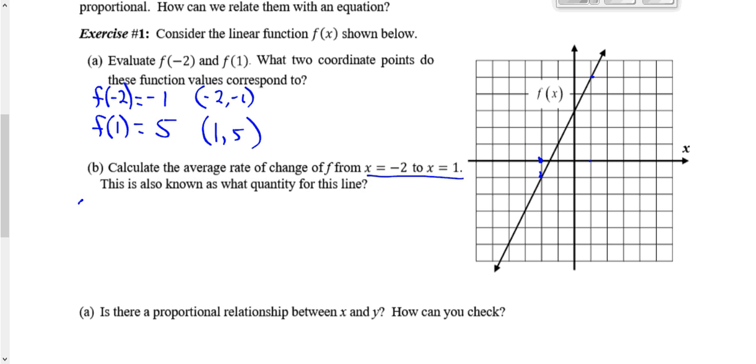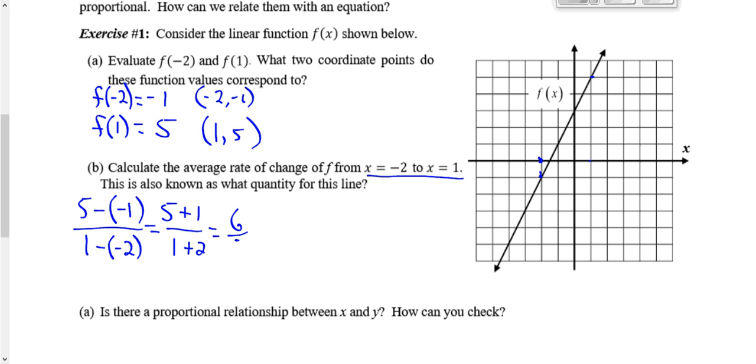So 5 minus negative 1 all over 1 minus negative 2, which becomes 5 plus 1 over 1 plus 2. So 6 over 3 equals 2. So the rate of change between those 2 points is 2.